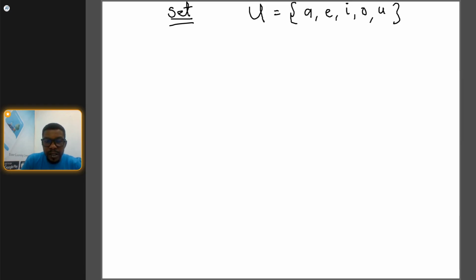Take note, sets are represented by curly brackets, and a universal set is represented by this symbol. So we are going to consider some definitions. The first one is called the universal set.